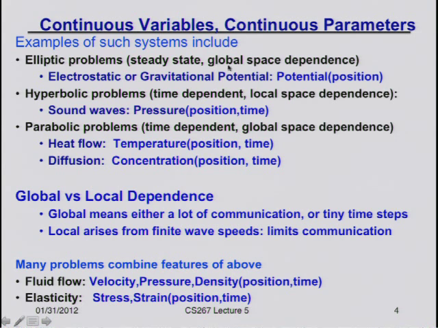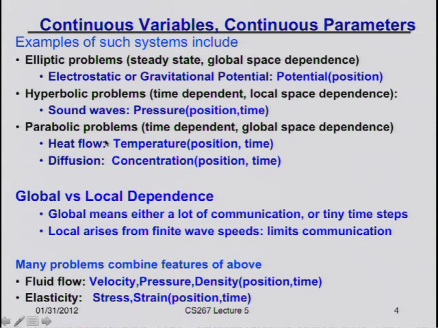In that case, the answer, which may be the pressure from the wave, is a function of position, but it's also a function of time. But something really useful about these problems is that the waves move at a finite speed, right? There's a velocity of sound, vibrations. So information can't move very far. You're limited by the physics as to how much you have to communicate, and we will take advantage of that.